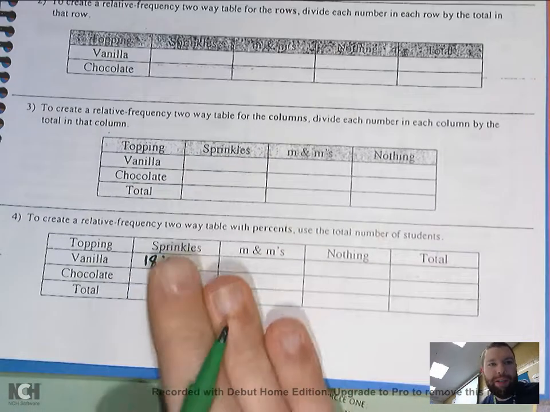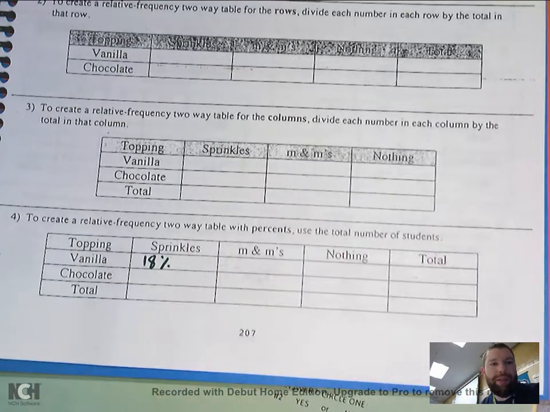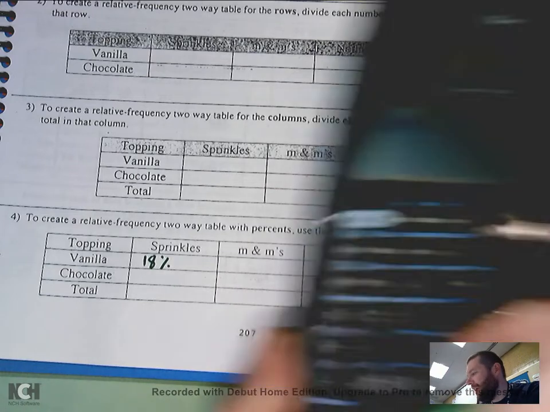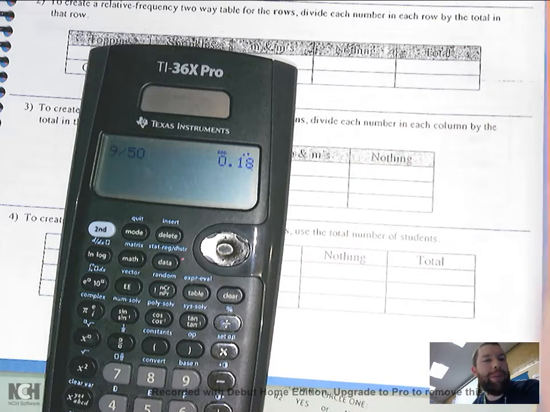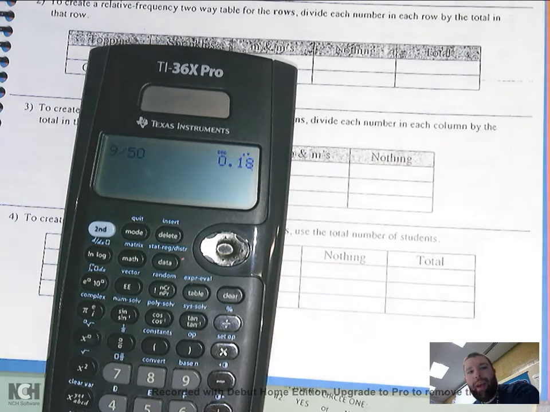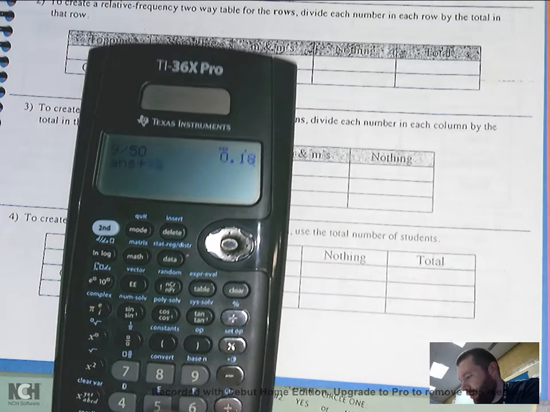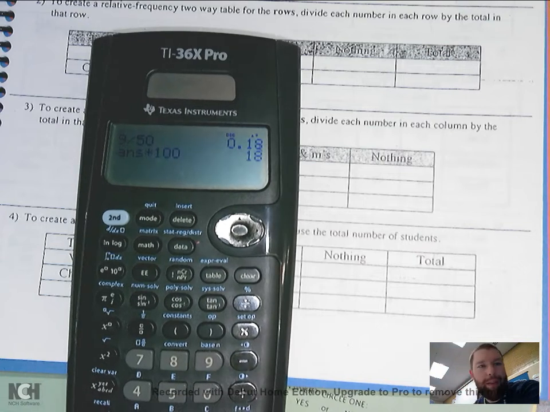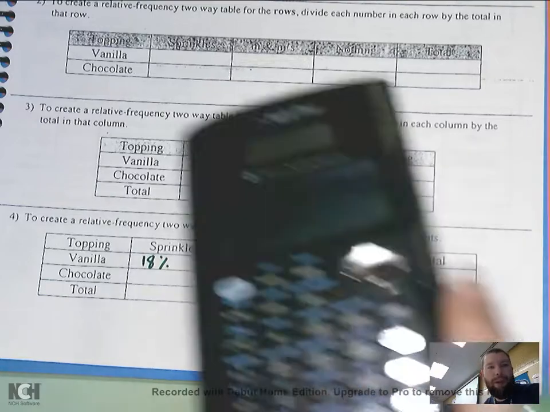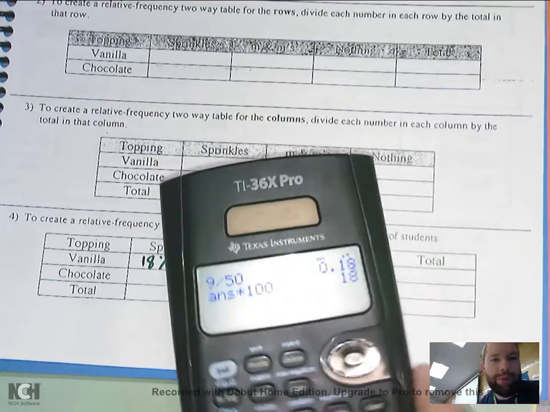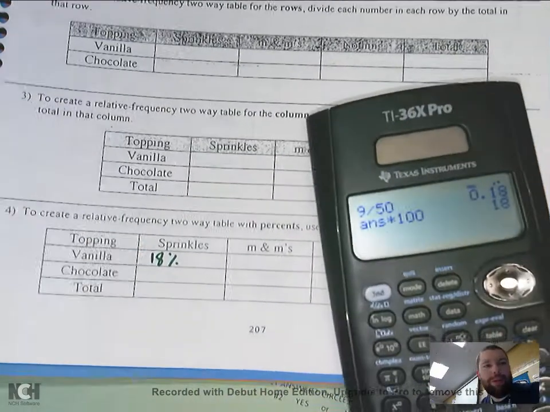If you start with percentages, everything's going to be percentages. And to convert that to a percent, you would just move that decimal 2 spots to the right. Times it by 100, basically, right? 0.18 times 100 is 18%. So that's all we would do to convert these decimals to a percentage. Just move the decimal 2 spots.